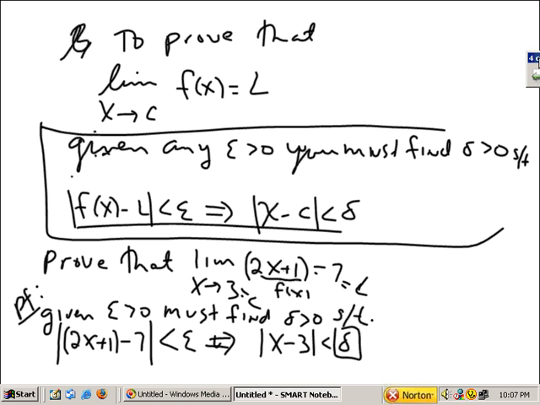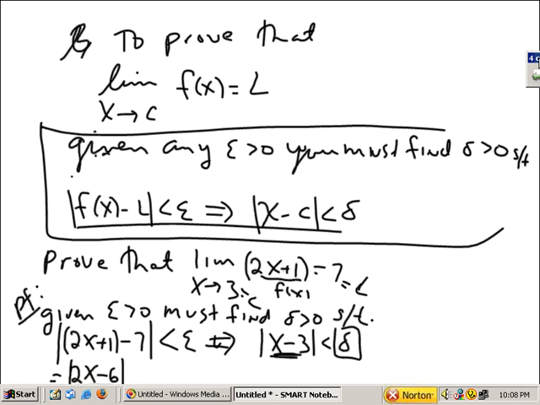Well, 2x plus 1 minus 7 is really 2x minus 6. And we want this to be less than epsilon. Now, what I want to do, and this is what you need to catch on to, I want what's in between the absolute value bars to be exactly this. That's the whole goal.